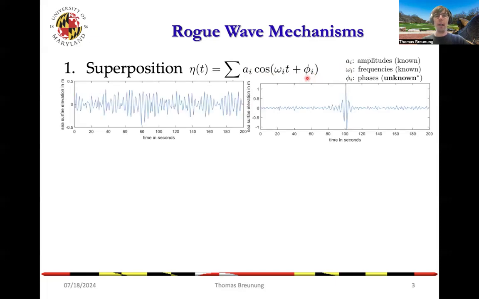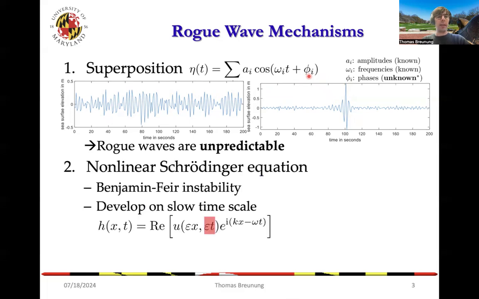If the phases are all appropriately aligned, one can observe a constructive interference at some point in time and then observe a large wave here. So this is, for example, a rogue wave. Whereas for another choice of phases, no outstanding wave is observed. Which scenario is going to be observed depends on the phases, and since the phases are unknown, in this setting the rogue waves are unpredictable.